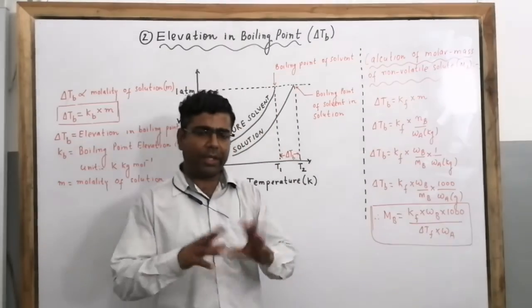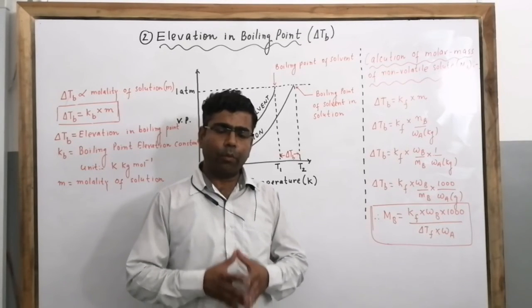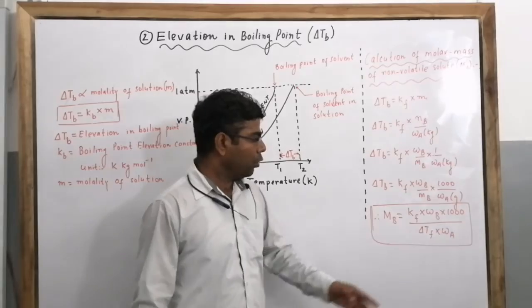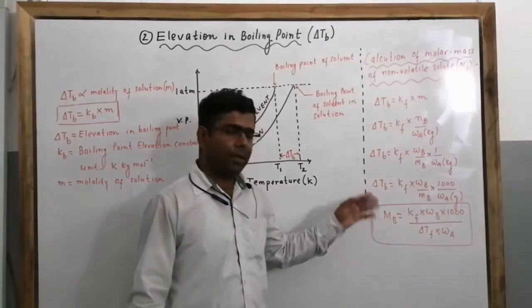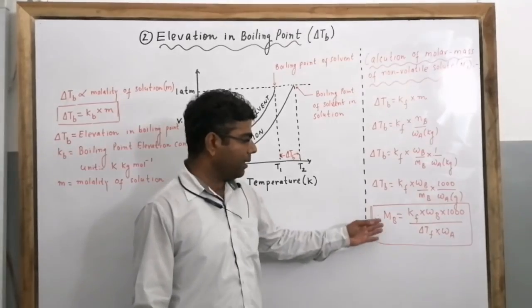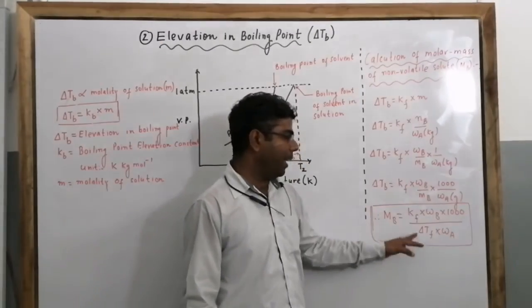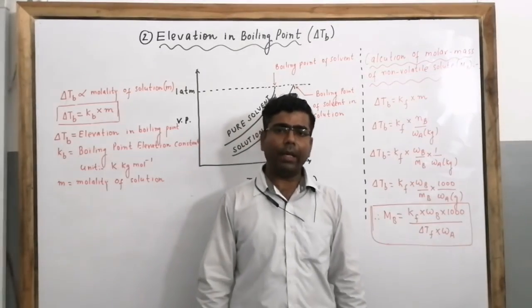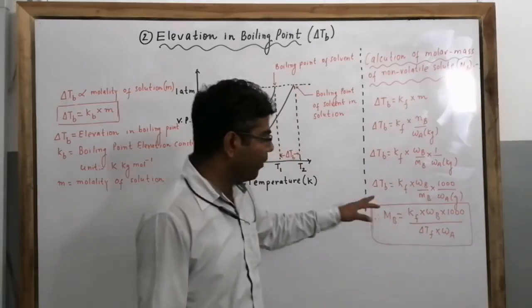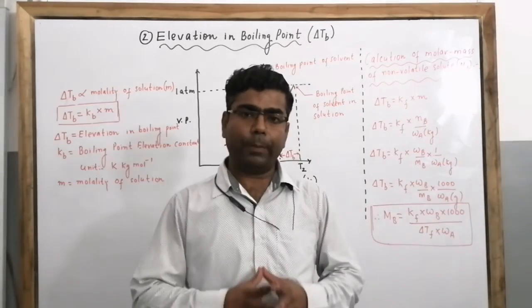Now rearrange the terms, as we want to calculate the molar mass of the solute. So take Mb to the left-hand side and delta Tb to the right-hand side. It becomes Mb equals Kb into Wb into 1000 divided by delta Tb into Wa. In this manner, with the help of this formula, we can calculate the molar mass of the solute.